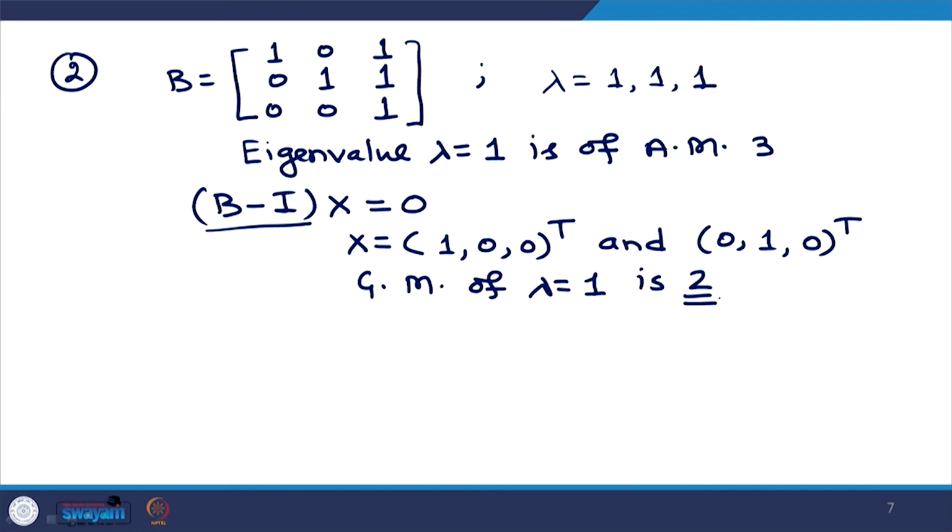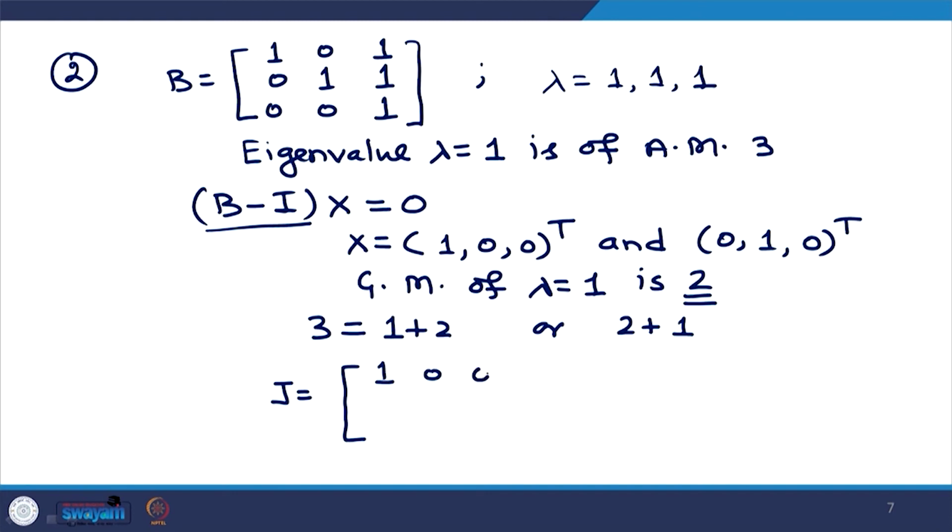So, here you will have 2 Jordan blocks and the total size of those 2 Jordan blocks will be 3. So, how do you decompose 3 into 2 blocks? Obviously 1 plus 2 or 2 plus 1. So, what will be the Jordan canonical form? Here a block of size 1 and another block of size 2.